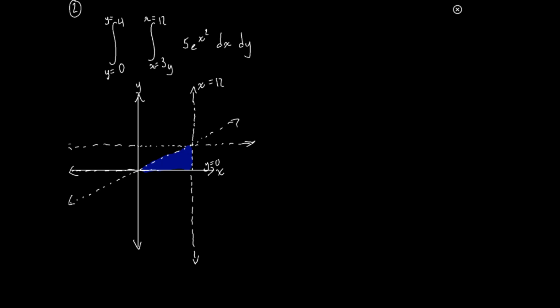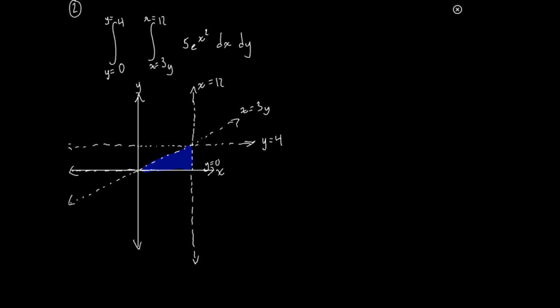It's enclosed by y equals 0, by this equation, which was x equals 3y, and by x equals 12. Oh, and also by y equals 4, of course.